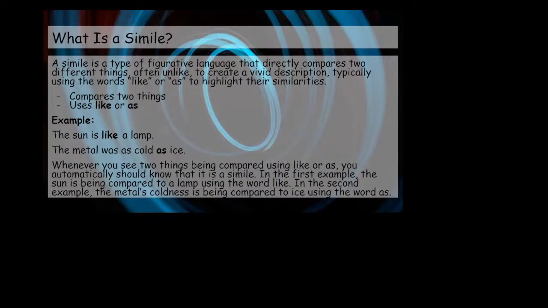Whenever you see two things being compared using like or as, these words that are darker than the others, you automatically should know that it is a simile. In the first example, the sun is being compared to a lamp using the word like. In the second example, the metal's coldness is being compared to the ice using the word as. Therefore, these two are examples of simile.